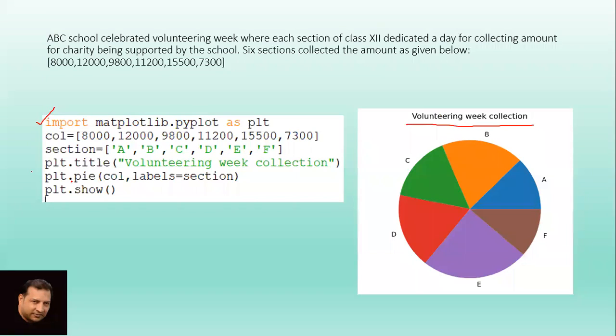plt.pie, this is the main function which is used to create a pie chart. In this we have given 2 arguments, a list called COL, stands for collection, comma, labels is equal to section, or we could have written labels is equal to A, B, C, D, E, F here only, but this one is better.